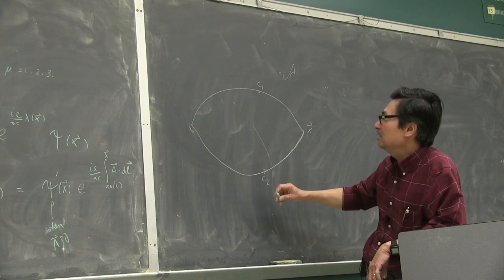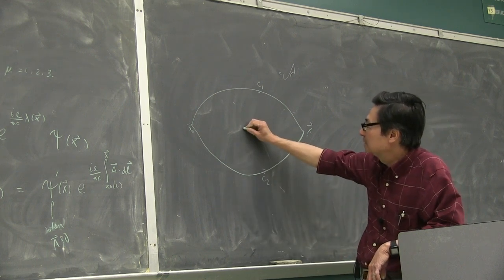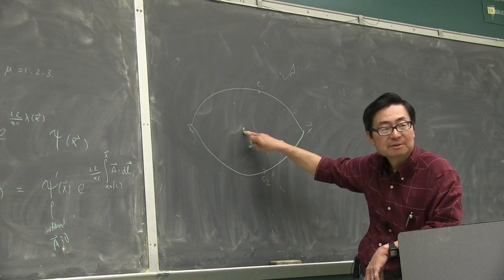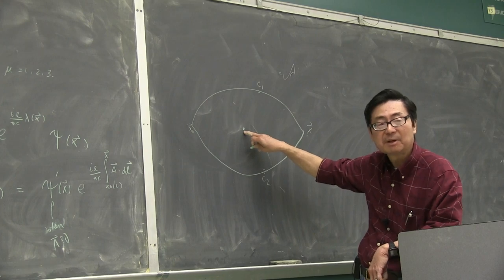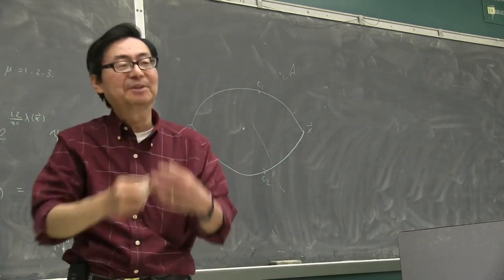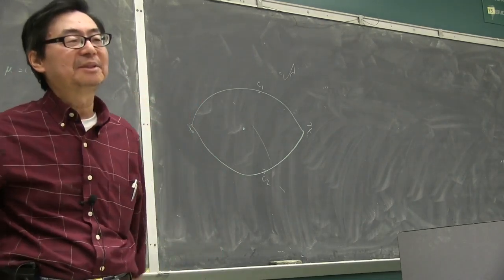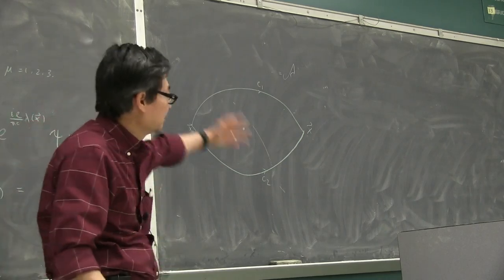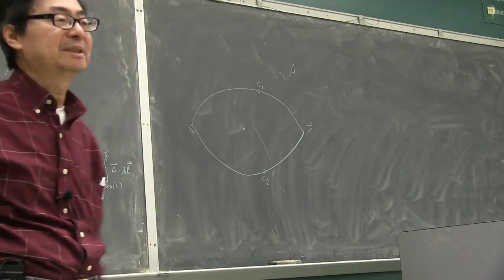But I introduce a magnetic field concentrated at some small location in the region of space enclosed by the two paths. It's entirely possible to do that. I can put a solenoid in there. And you know that in the solenoid, the field lines are mostly concentrated inside. So outside there's no magnetic field.